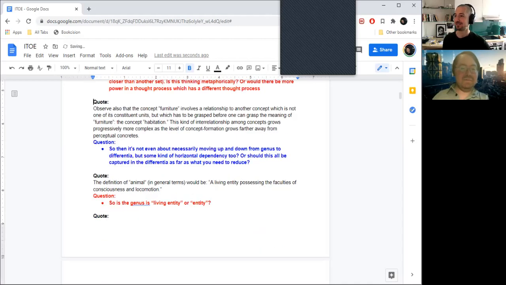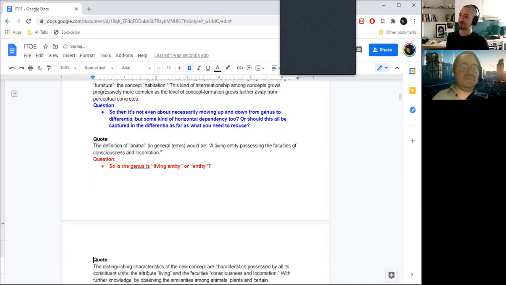But as an interrelationship, she's identifying here that furniture is not itself a type of habitation, nor is habitation a type of furniture. It's neither. It's like they're parallel, but they're not the same. They have a relationship, but not a direct genus-differentia relationship.